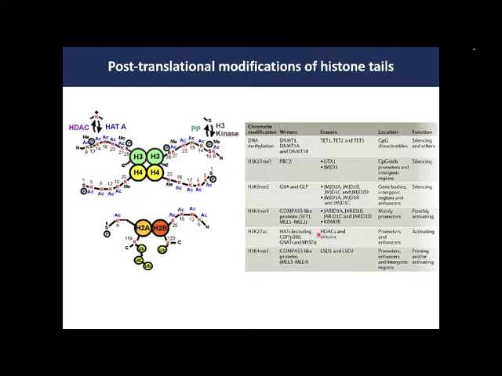Again, I would like to emphasize it's not necessary to memorize the names of these things, but we need to memorize the concept of specific writer and eraser enzymes, which dynamically regulate the post-translational modification. This is very critical for the status and functionality of the chromatin, and the level of active and inactive transcription.